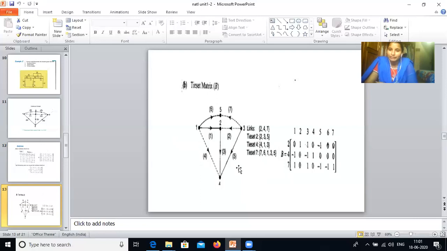If the branch current and loop current are in the same direction, then we get +1, otherwise -1. So by adding 2, we get the loop 2, 3, 5. The current is coming like this, this is in the same direction, and this is in the opposite direction. So this is 1, this is 1, and this one is in the opposite direction, so -1.